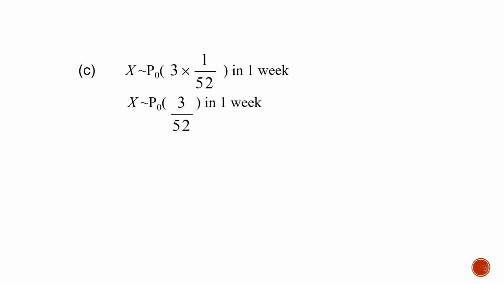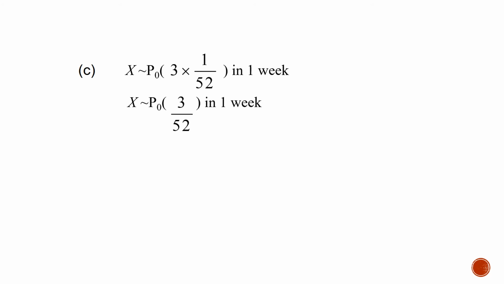For part C, your time interval has changed to 1 week. So we have 52 weeks in a year. So what is the mean number of times an amplifier breaks down? So we just multiply 3 with 1 over 52. So the mean will be 3 over 52 in 1 week. Remember, this is the mean for the number of times an amplifier breaks down.